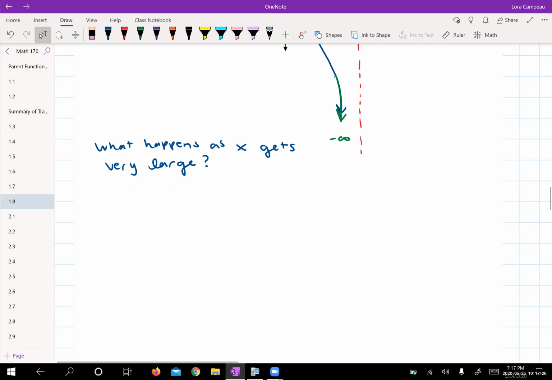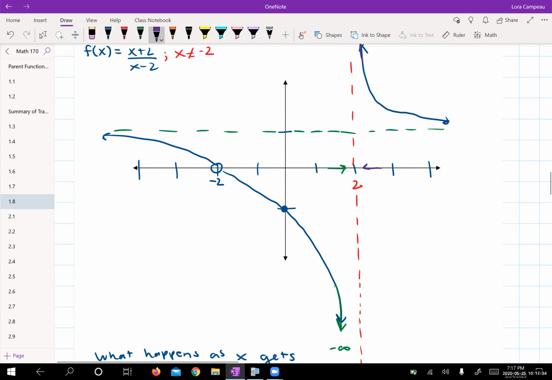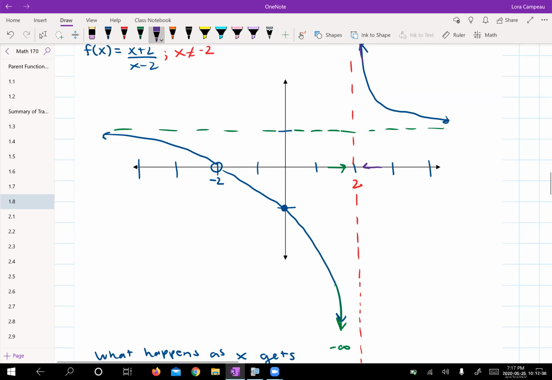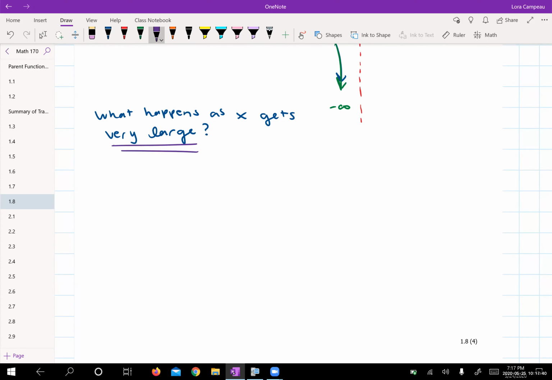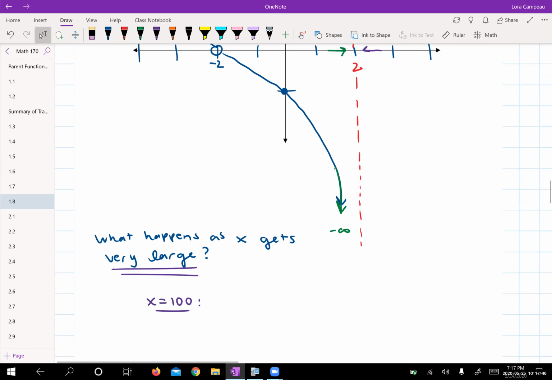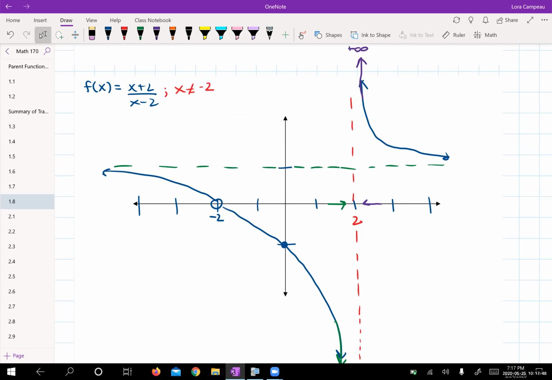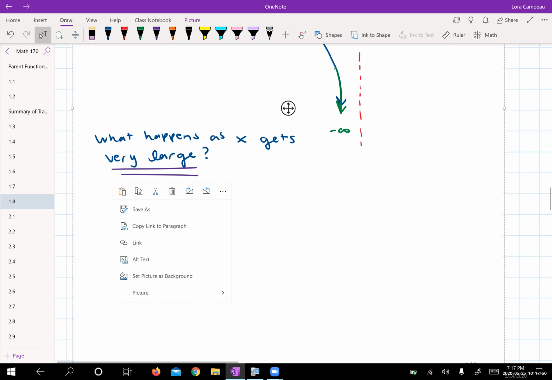But if you don't have a graph in front of you and you really want to inspect what it means to be very, very large, I would say beyond our actual coordinate graph, let's go crazy and try what happens when x equals positive 100. We can go back to our function, just to make sure we know what it is. f of x is x plus 2 over x minus 2.